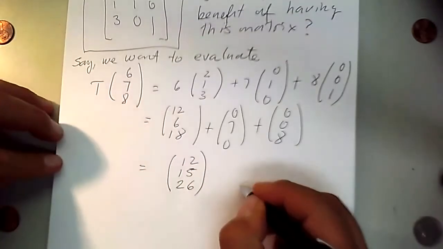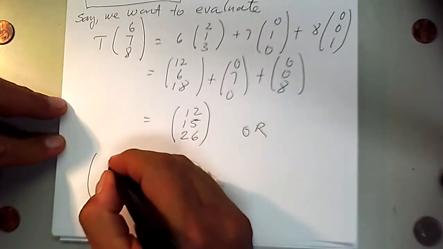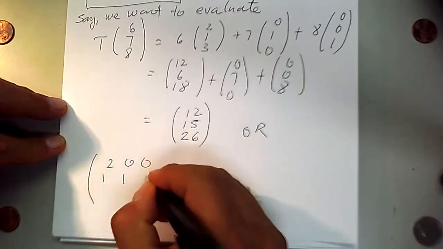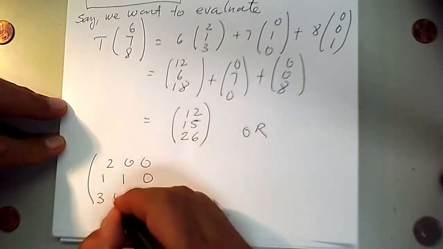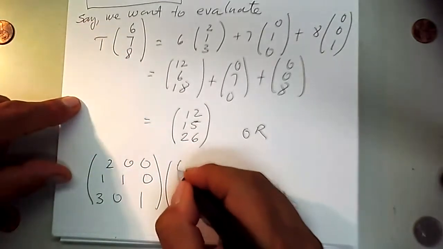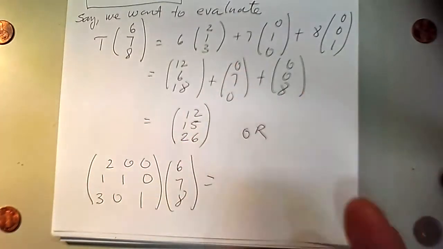Or we can simply multiply the matrix 2, 0, 0, 1, 1, 0, 3, 0, 1 with the original vector 6, 7, 8 and obtain the answer at once.